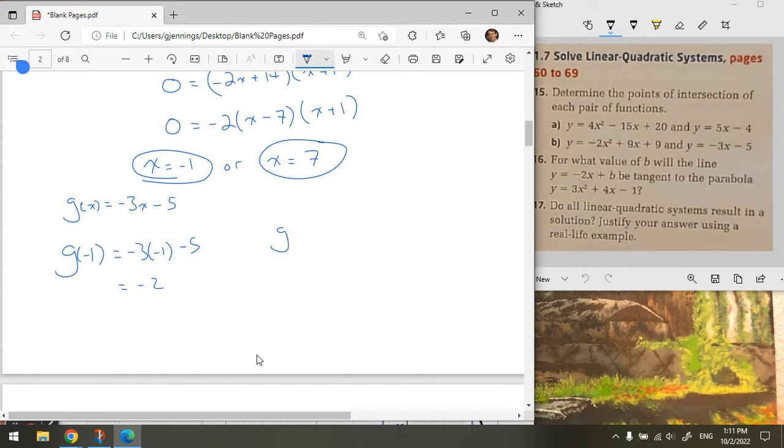And g at 7 is equal to negative 3 times 7 minus 5, which equals negative 26. So therefore, the two POIs are negative 1, negative 2, and 7, negative 26.